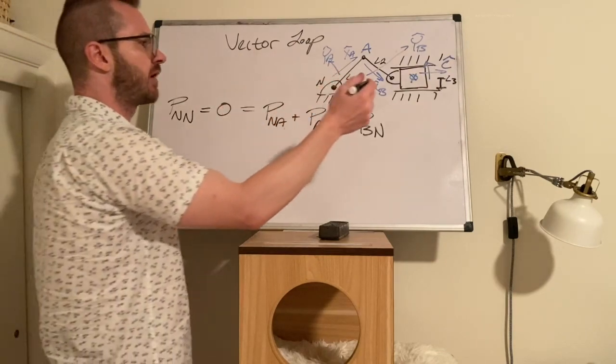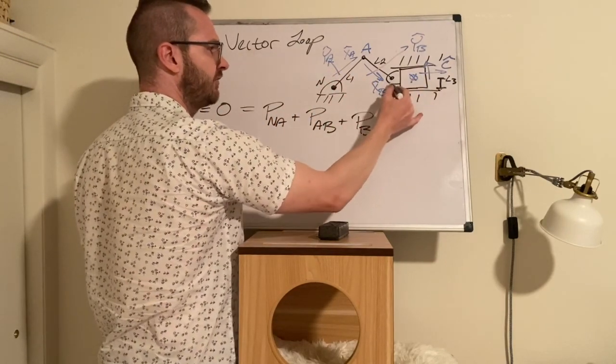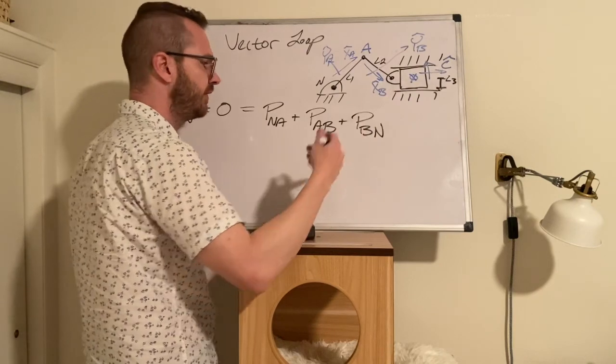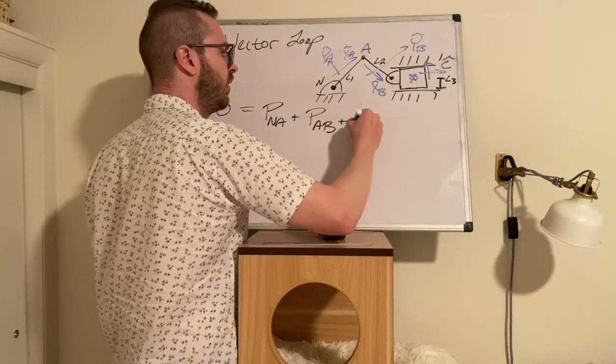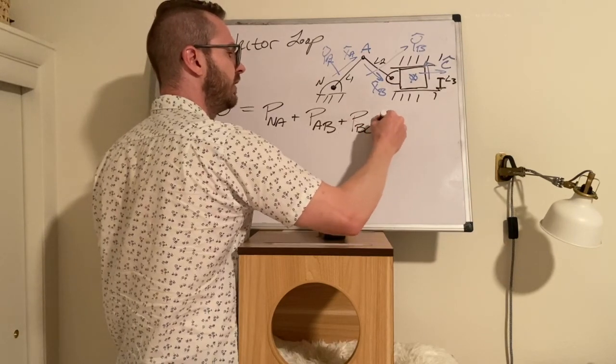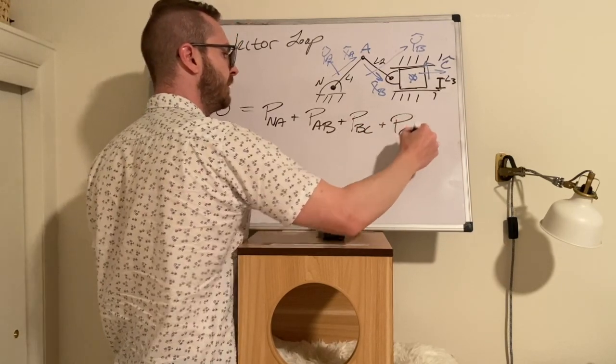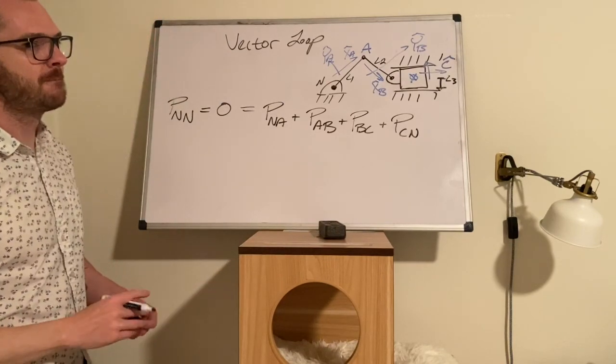Some other things we could have done. Remember at the beginning of the problem, we put the center of mass on the block. We could, if we wanted to, change this a bit. I could say, well, what if we went from B to C, and then from C to N? It ends up being the same thing.